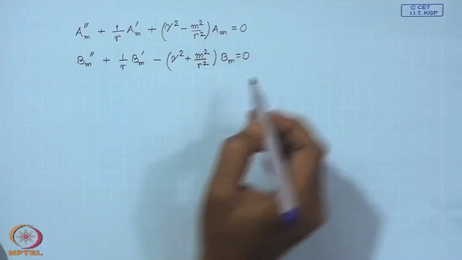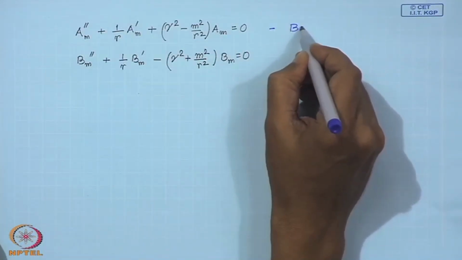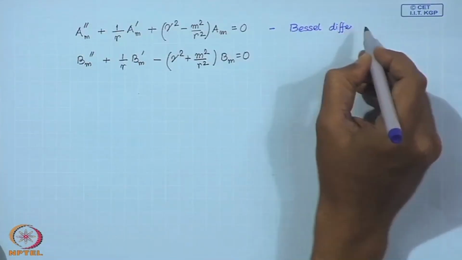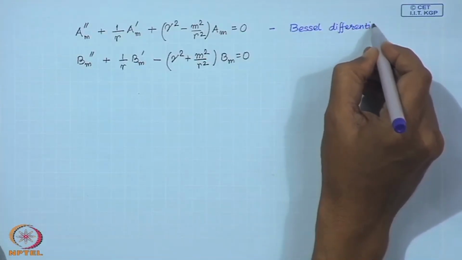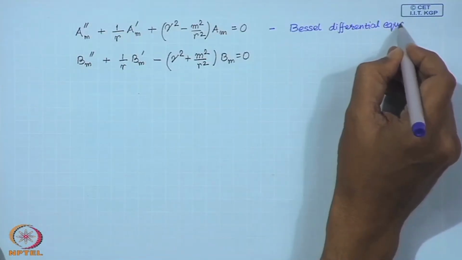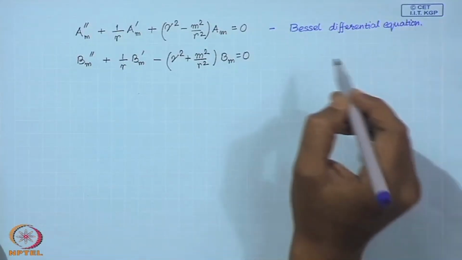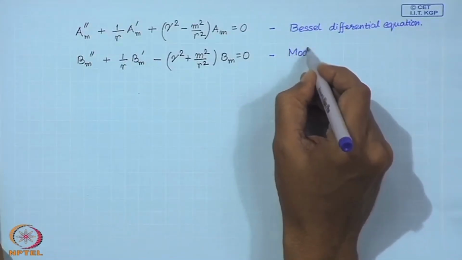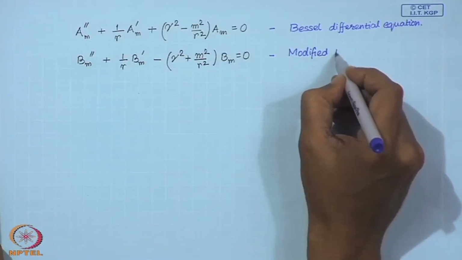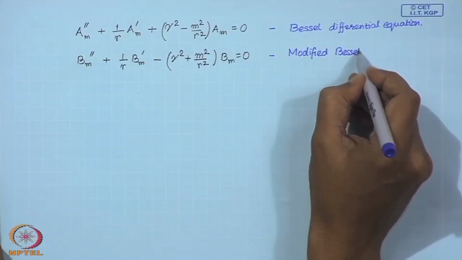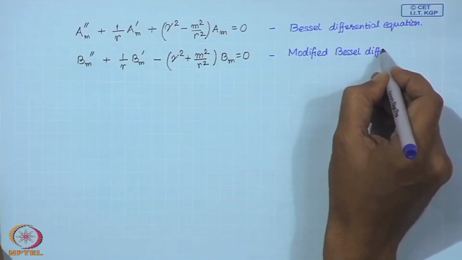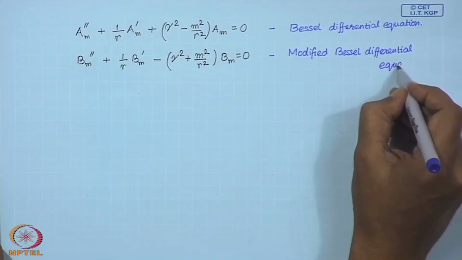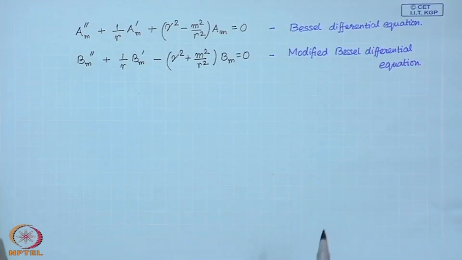This we immediately recognize as the Bessel differential equation, and this other one is the modified Bessel differential equation.